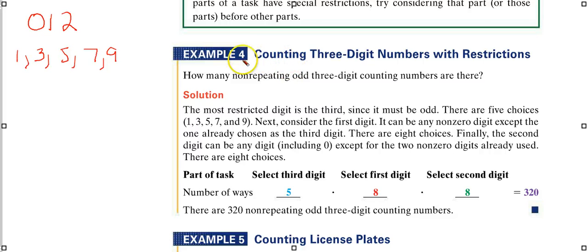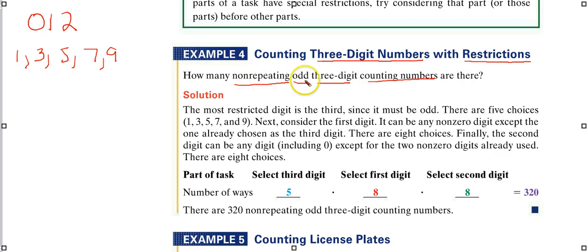Now, as we look at example 4, we're given counting 3-digit numbers with restrictions. How many non-repeating, odd, 3-digit counting numbers are there?